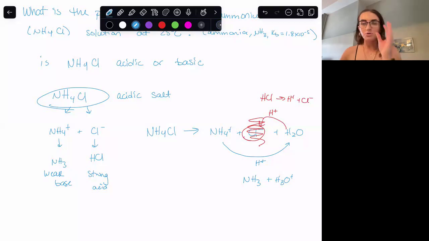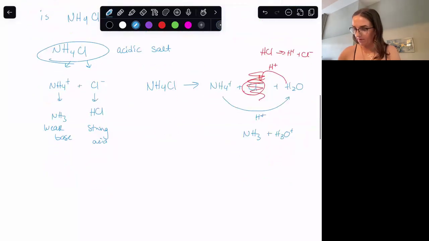So we're going to rewrite the equation to say NH4 plus with water now gives NH3 and H3O plus.